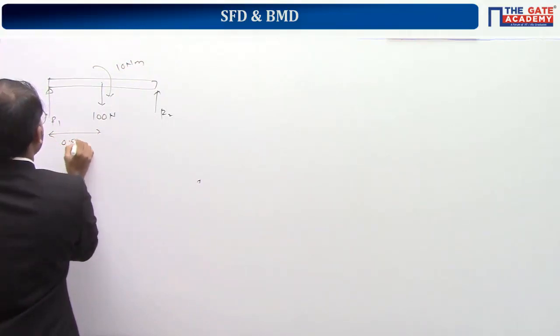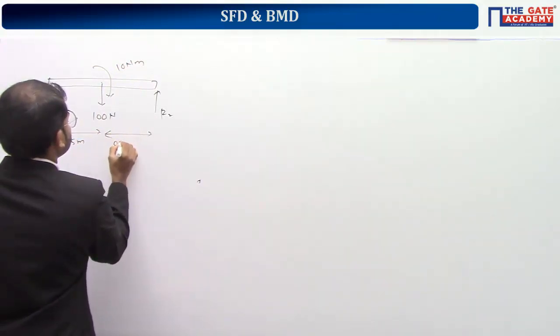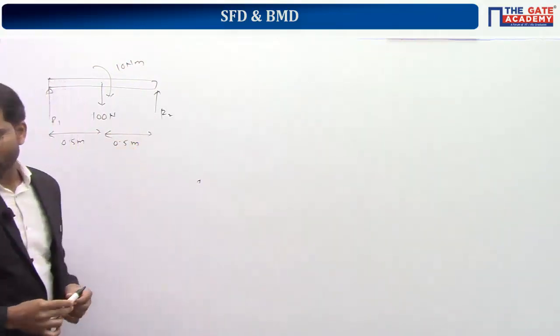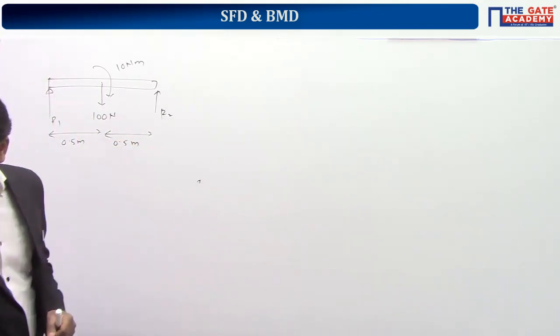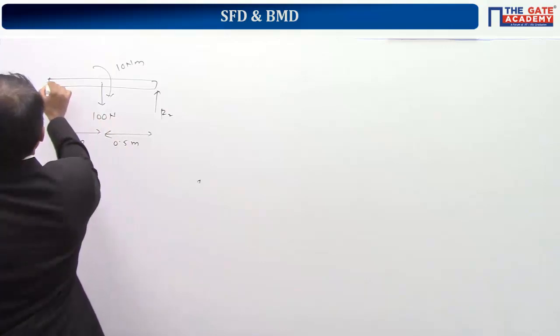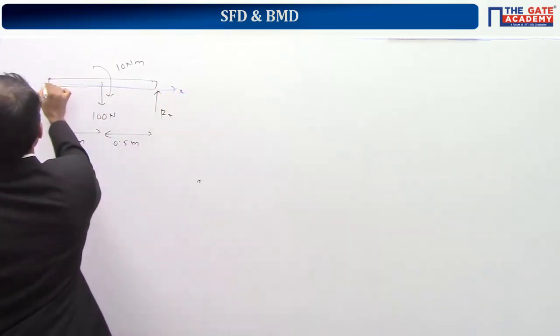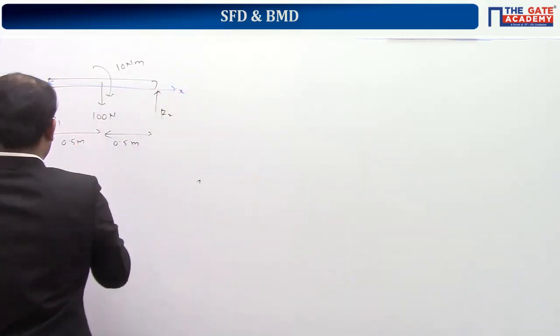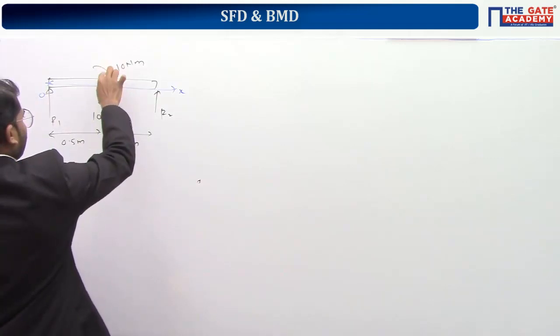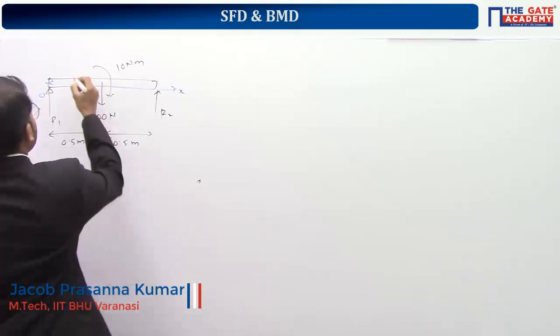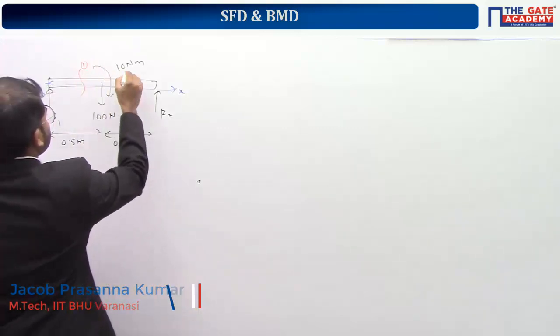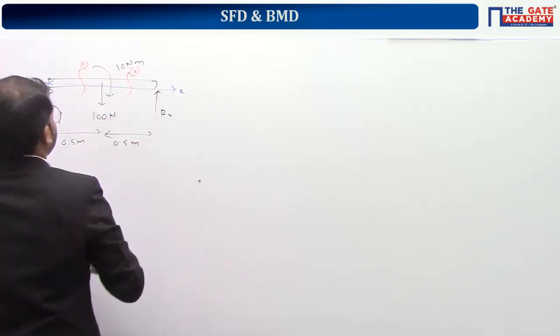This distance is equal to 0.5 meter, and this is also 0.5 meter. We should get the value of the maximum bending moment. Here the x-axis varies like this, and this is the origin. As the point moment and the point load are acting at the center, we should do the cutting twice: one cut before this, another cut after this.